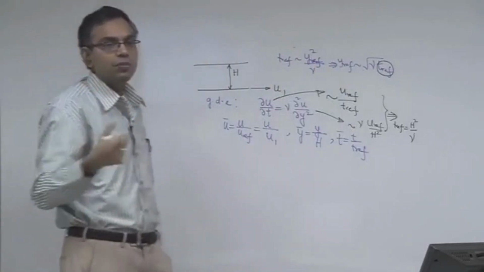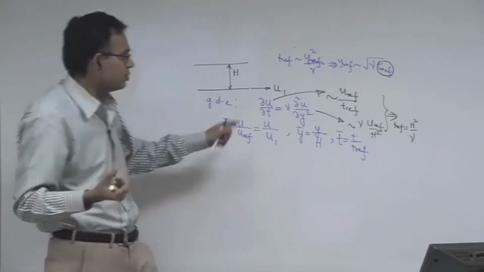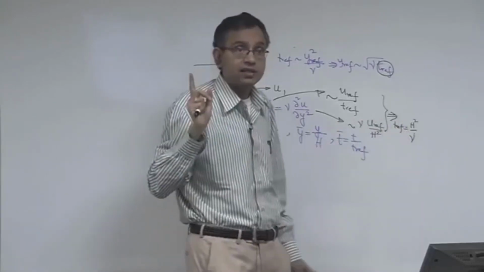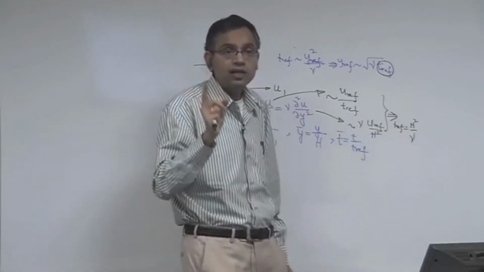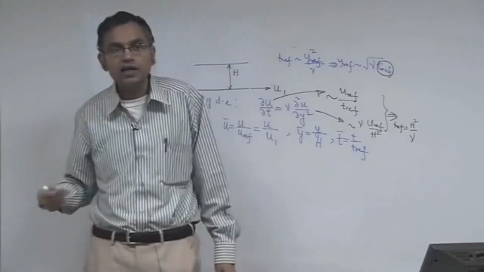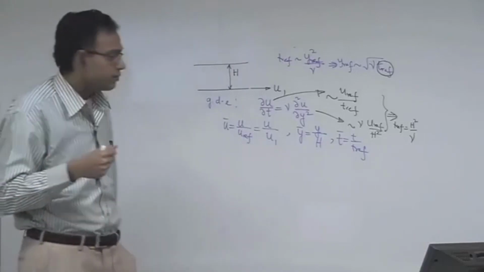That will be the practical scenario. So, our assumption of y reference equal to h is not obvious, you have to keep in mind, but very practical from the consideration of many microfluidics and nanofluidic scenarios.